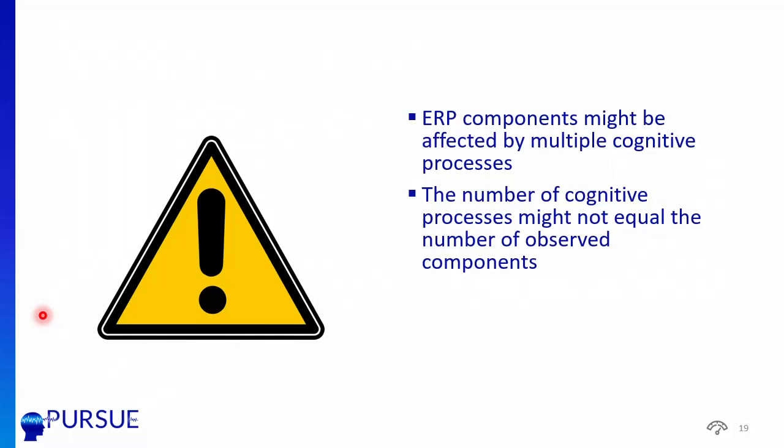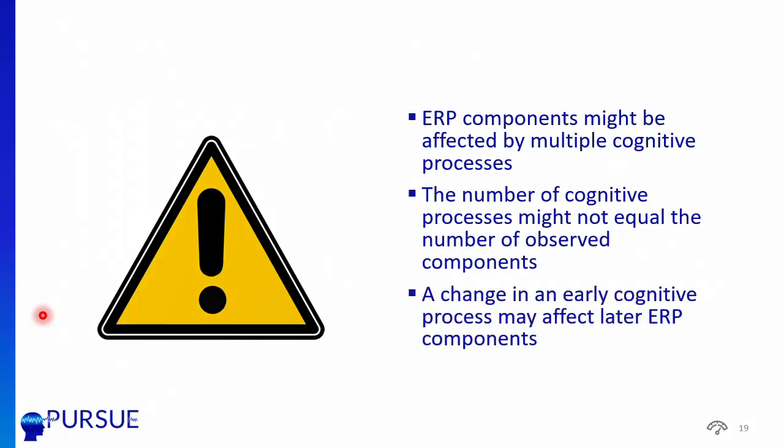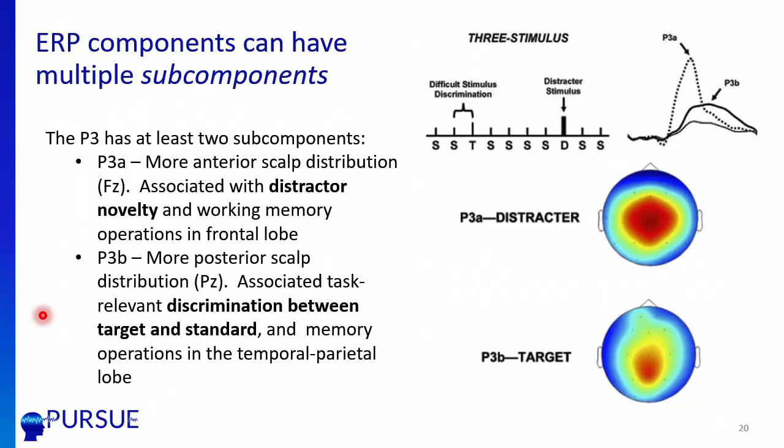The number of cognitive processes might not match the number of components, right? So you could have more cognitive processes and they don't necessarily yield the same number of components. And you could also have the reverse as well. And a change in an early cognitive process might affect later ERP components, might spread or slow the stream of processing. So let's see a couple of more detailed examples of this.